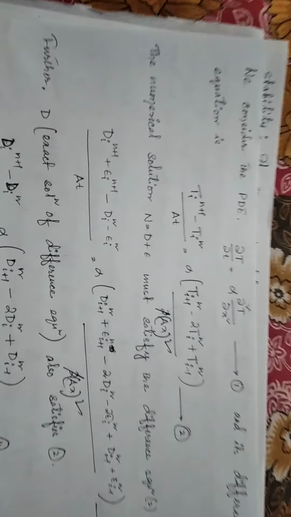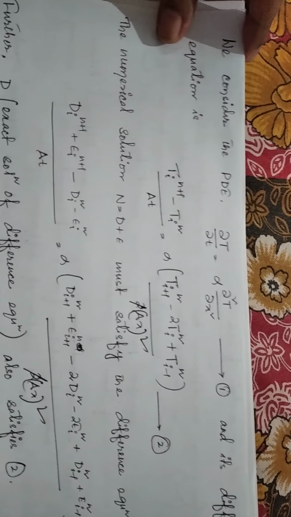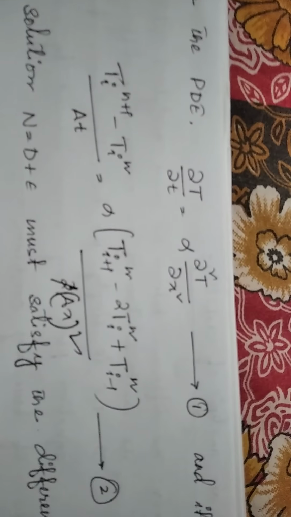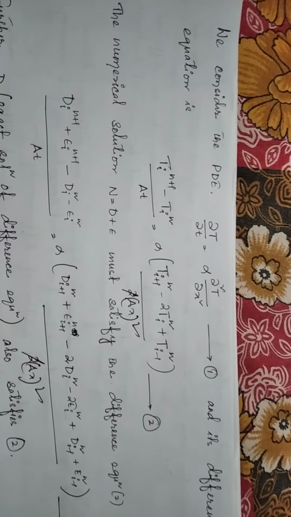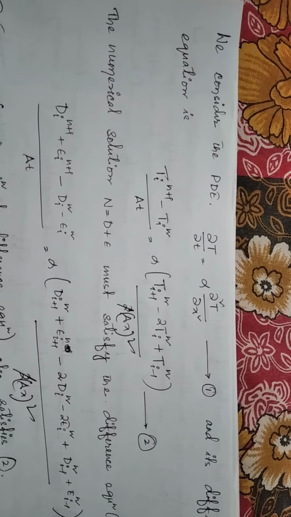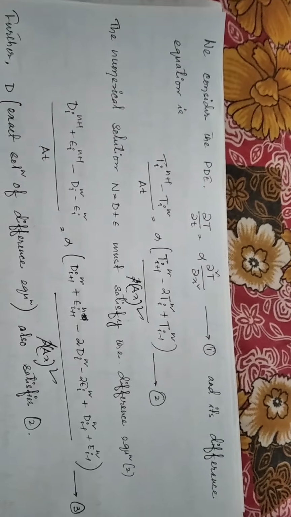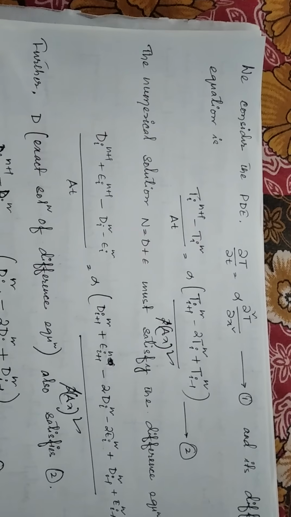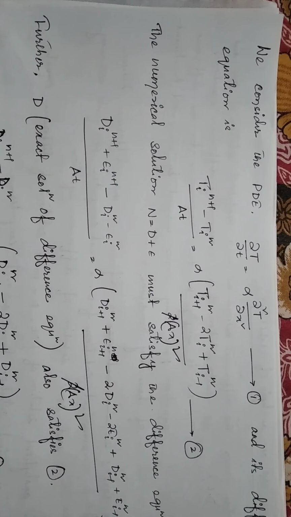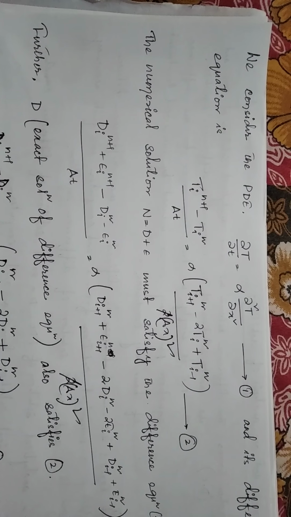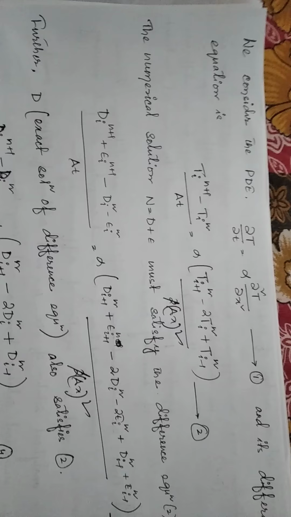Now this was our partial differential equation, and its discrete difference equation is given by equation number 2 that we have already studied in our earlier section. What is capital N actually?